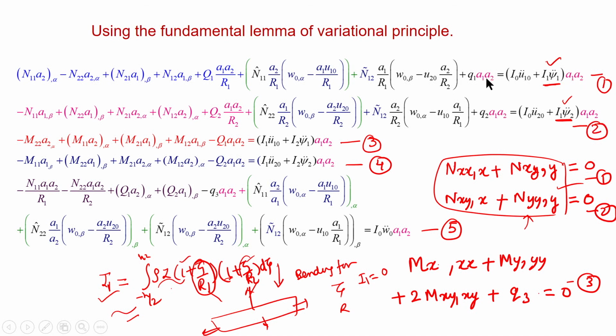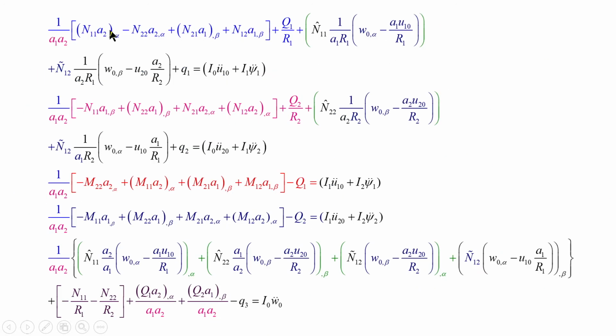In most of the books this A1 A2 will be taken common out. If we take it common out, then this governing equation looks like this: 1 upon A1 A2 and linear portion, plus Q1 by A1 non-linear portion plus... already A1 is there, because A2 was there, so it will get cancelled out.